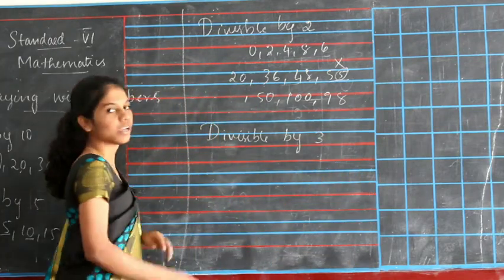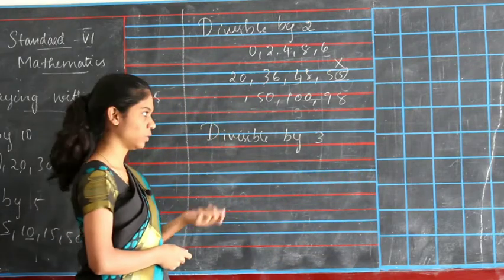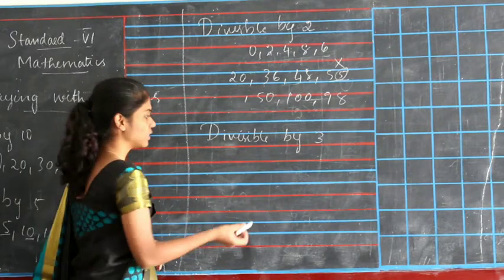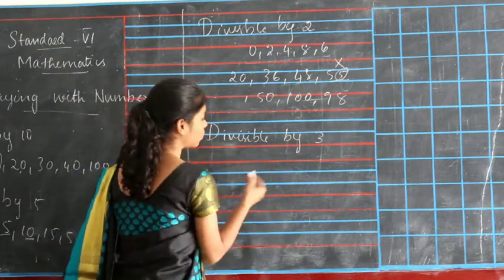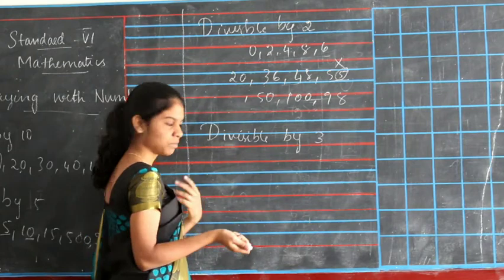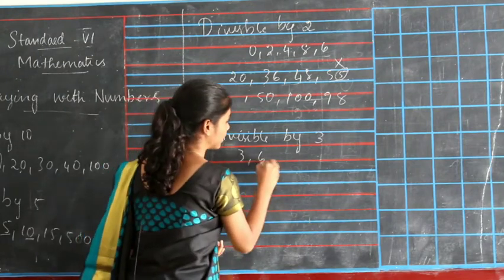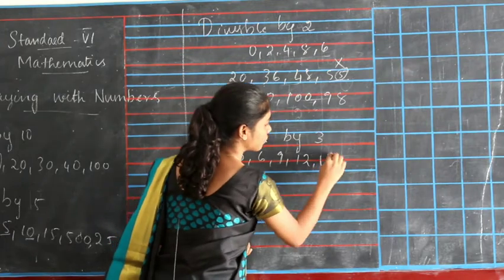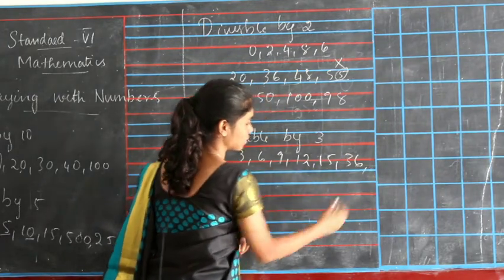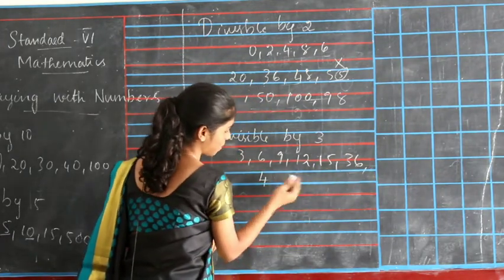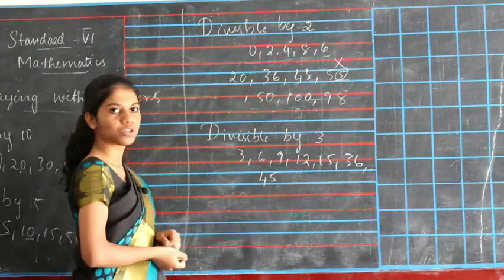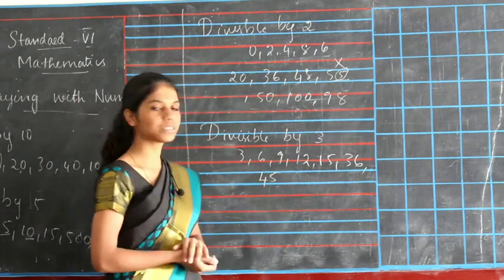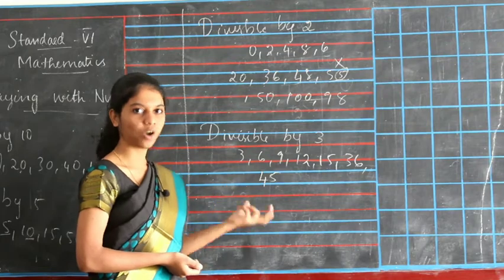Okay, next, divisible by 3. In order to find a number which is divisible by 3, we'll just see an example. What are the numbers divisible by 3? 3, 6, 9, 12, then 15, 36, 45. If you look at all these numbers, you cannot find any common things.